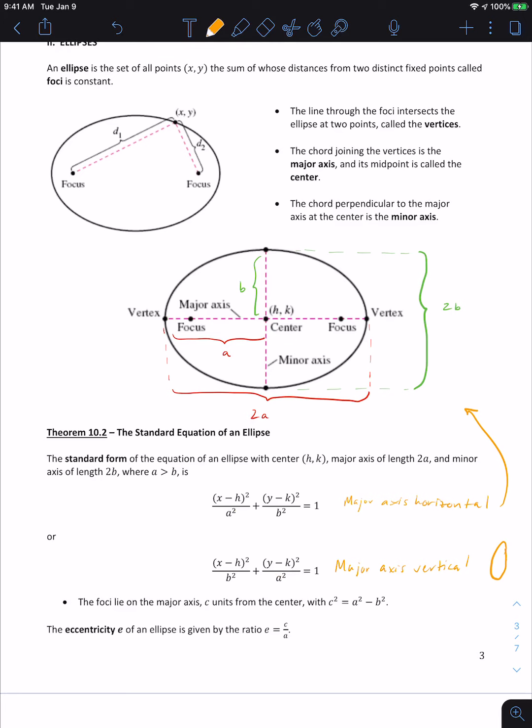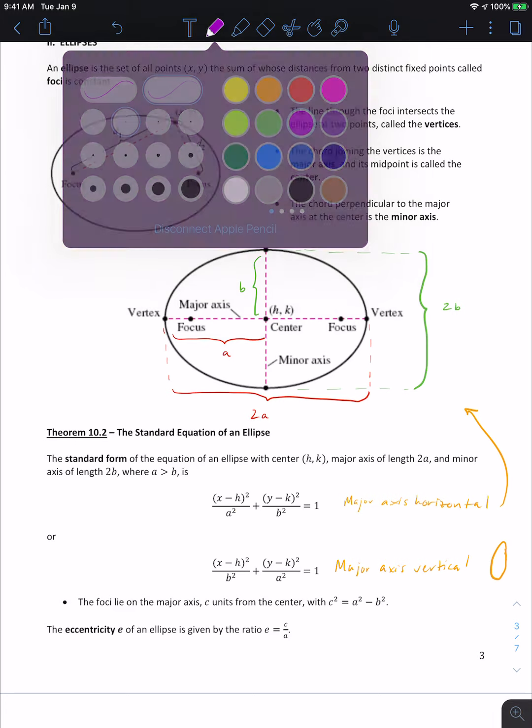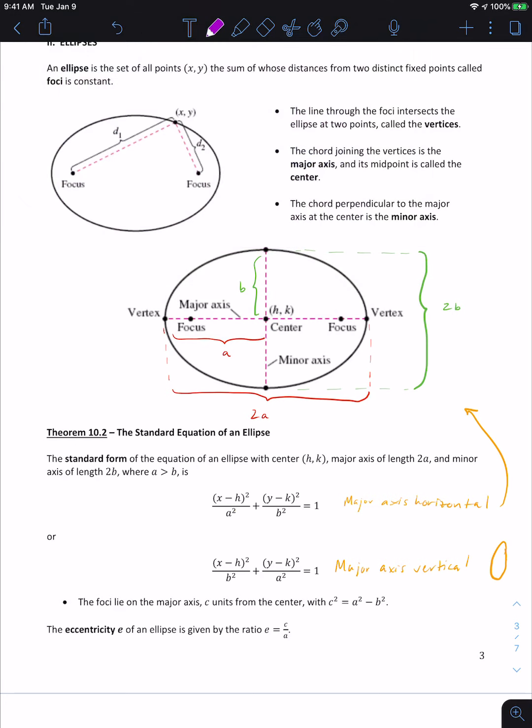The foci lie on the major axis, c units from the center, where c squared is equal to a squared minus b squared. So the distance from the center to a focus, right here, is going to be c.